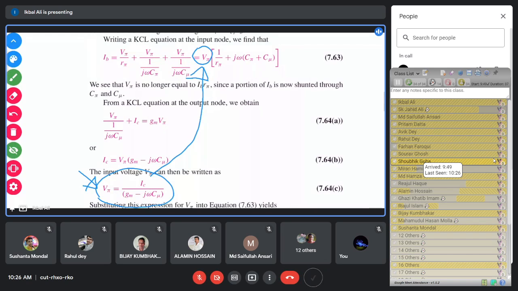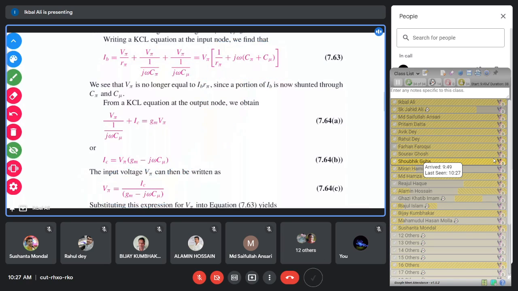In the numerator, you will have the expression 1 by r pi plus j omega (c pi plus c mu), and in the denominator, Gm minus j omega c mu, with IC in the numerator.